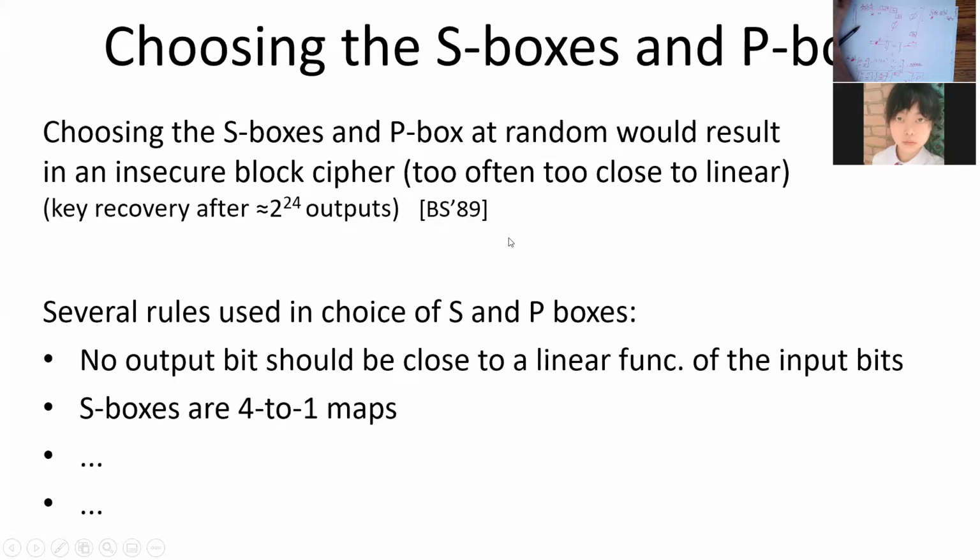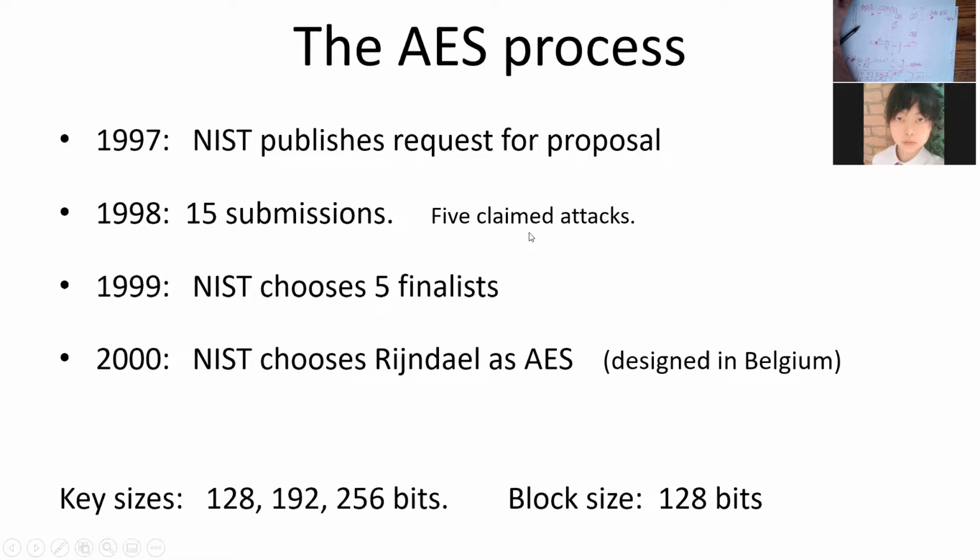Let me see how I'm doing on time. I will briefly talk about AES. Unlike DES, it has a much larger block size, which we have seen why that would be important, right?